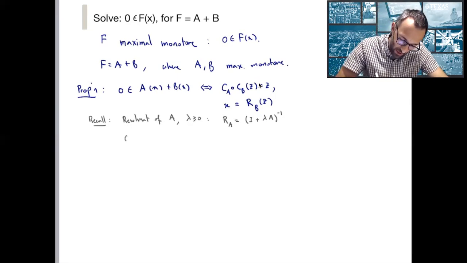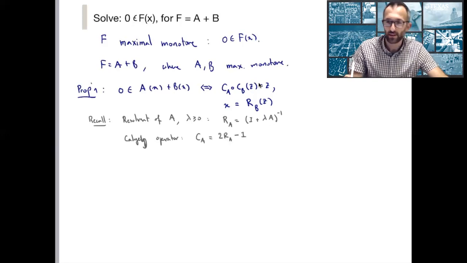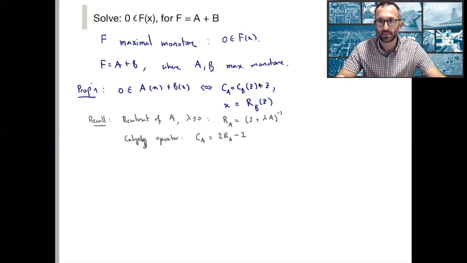And the Cayley operator is defined as 2 times R minus the identity. And then similarly for R_B and C_B.